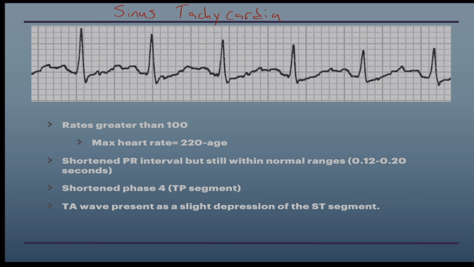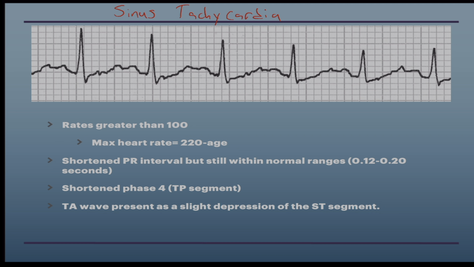Now let's move to the opposite end of the spectrum and look at a sinus tachycardia. It's going to have the same characteristics as a sinus rhythm, whereas it will be regular, P waves that are the same, PR intervals that are constant, narrow QRS complex.